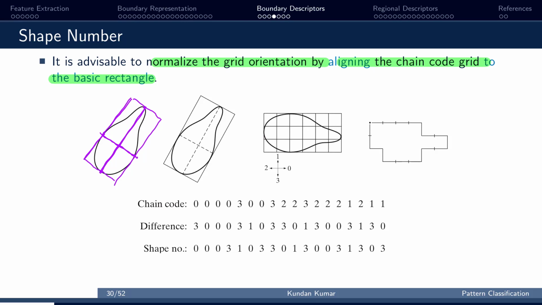This rectangle is called the basic rectangle. Then we will align this basic rectangle, which means the major axis will be along the x-axis and the minor axis will be along the y-axis.